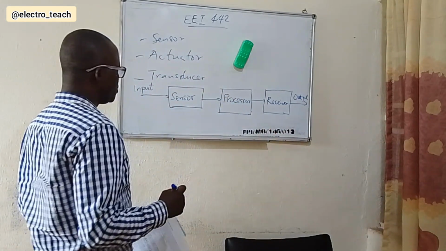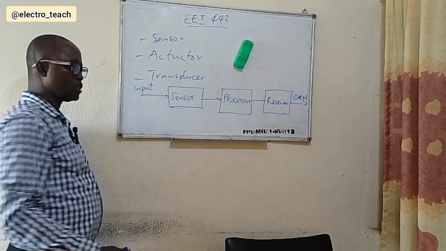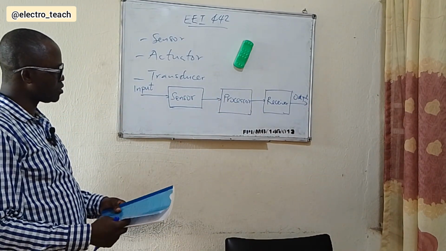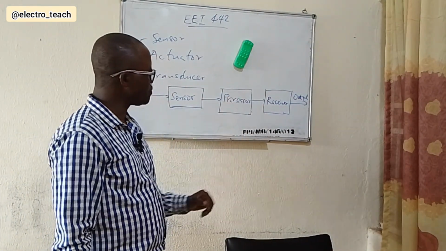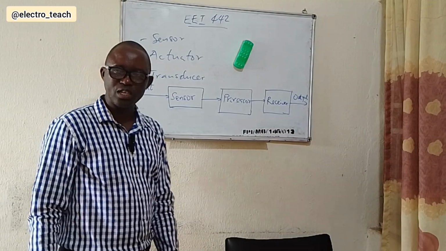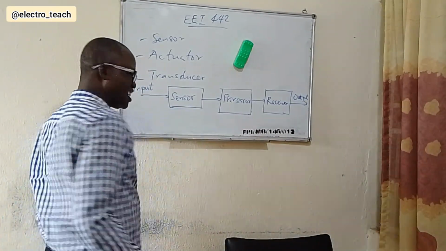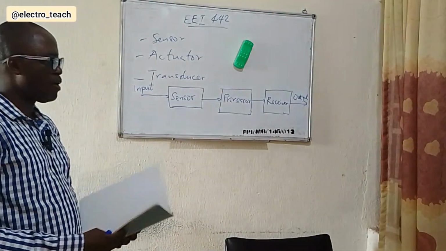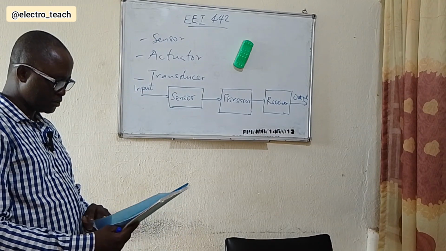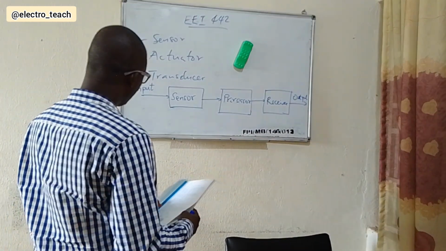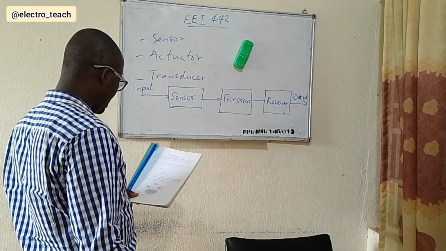Alright. So the input signal comes in to the sensor. The sensor captures it and takes it to the processor. The processor works on that, processes it, and then gives the result to the receiver, which will be able to produce an output signal. Now take note, this block diagram is the instrument system. That one is different from what we learned last week, which is the control automated process block diagram.